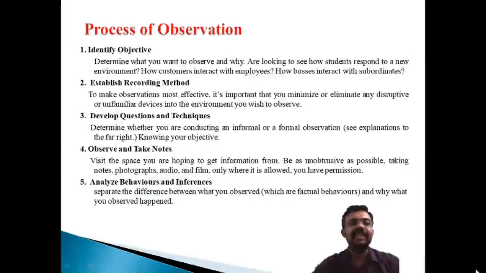The first important step is to identify the objectives. So what is the purpose of the observation? Are you looking to see how students respond to a new environment, or how employees respond to a particular environment? That is a particular purpose. There is a research question. This first step of observation is to identify the objective of the observation.